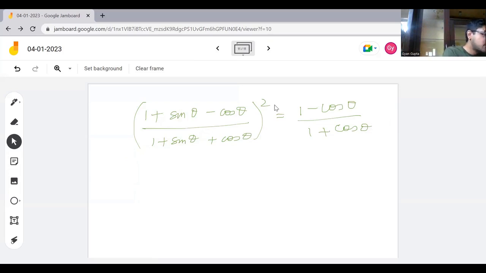So what I will do is I will write this as 1 minus cos theta plus sine theta by 1 plus cos theta plus sine theta.